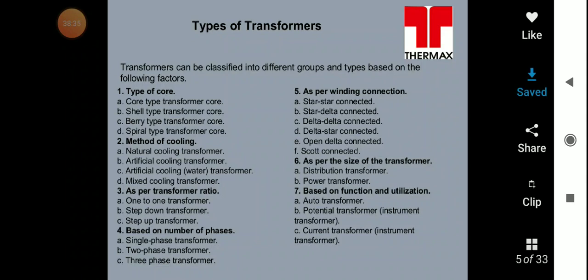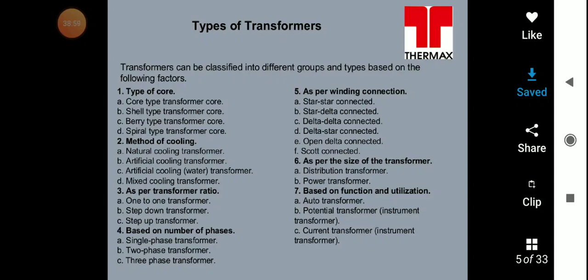Further, as for transformer ratio: 1:1 transformer, step down transformer and step up transformer. Based on the number of phases: single phase, two phase, three phase.